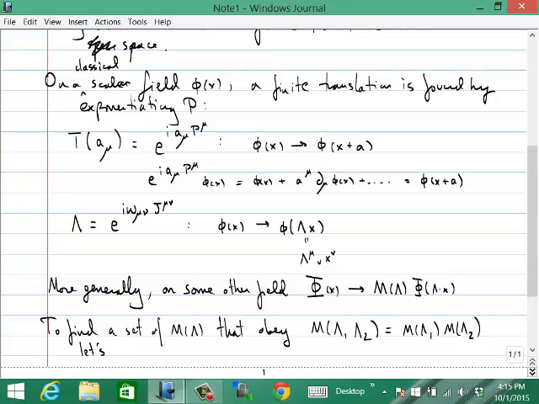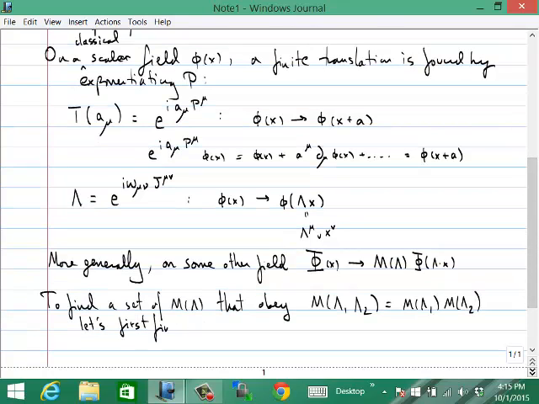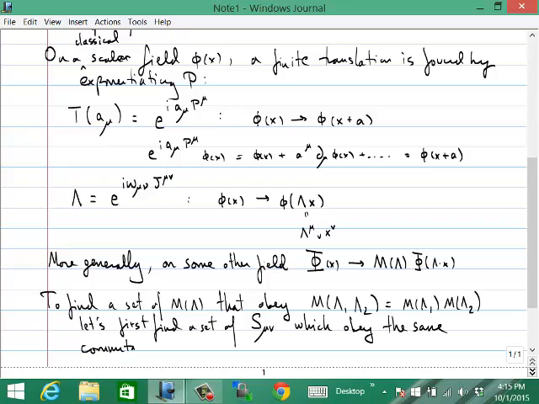The way that we proceed is we first find a set of generators, so let's call them S mu nu, which obey the same algebra, that is to say, the same commutation relations, as the generators of the Lorentz group that we described above.